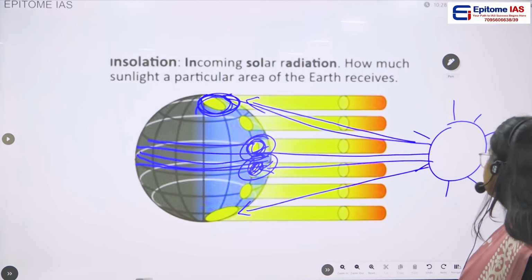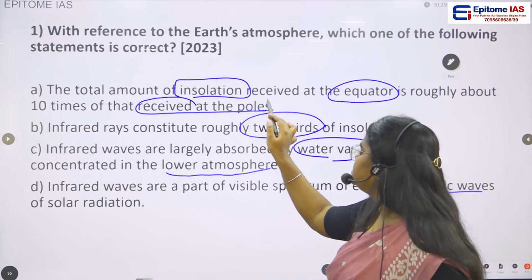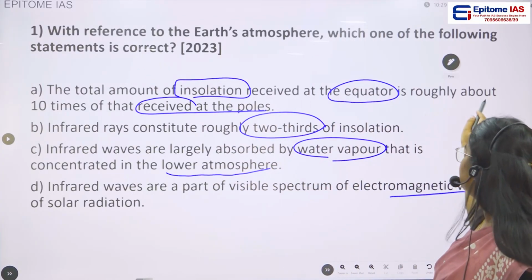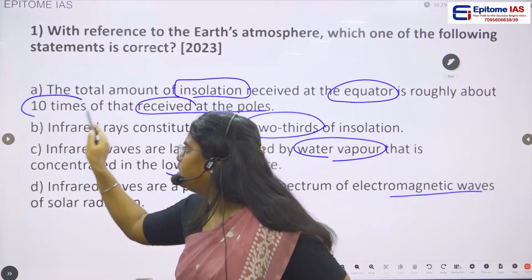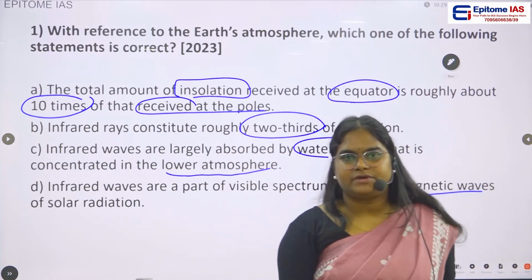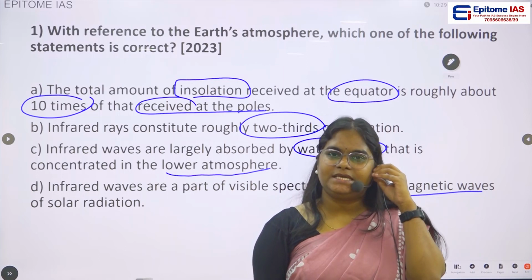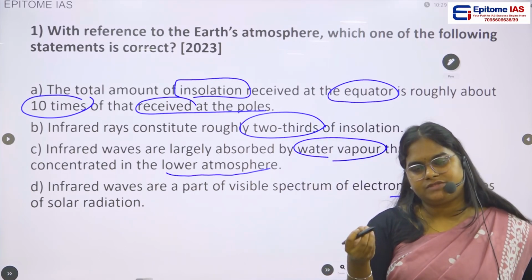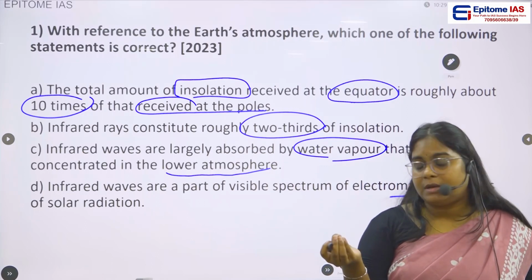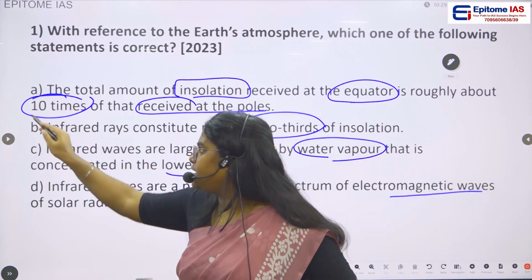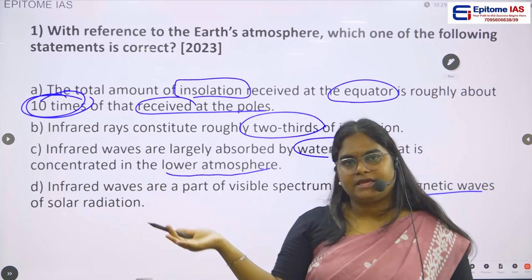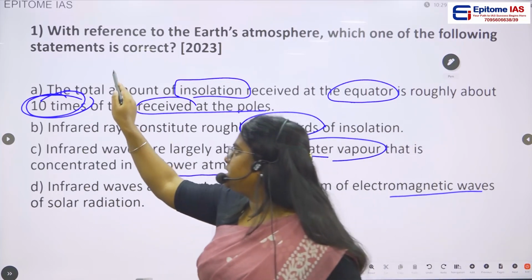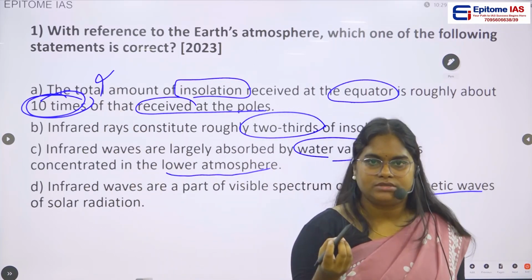But the first statement says that the total amount of insolation received at the equator is roughly 10 times more of that received at the poles. So technically, yes, the equatorial region receives more insolation, but it is not up to 10 times. This is a very high amount. So this statement is actually a wrong statement.